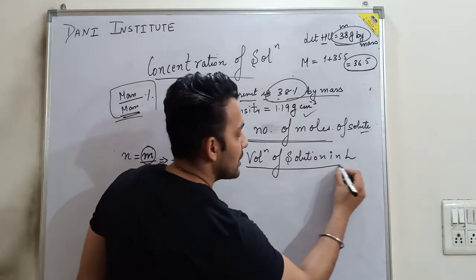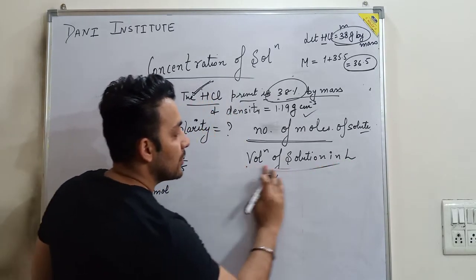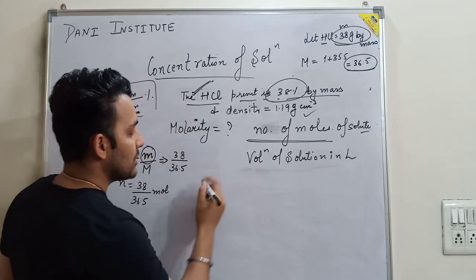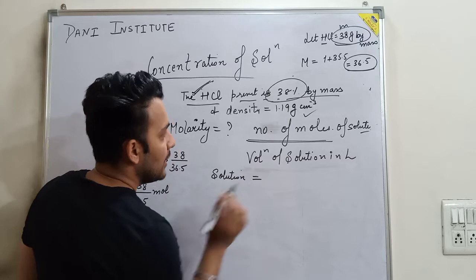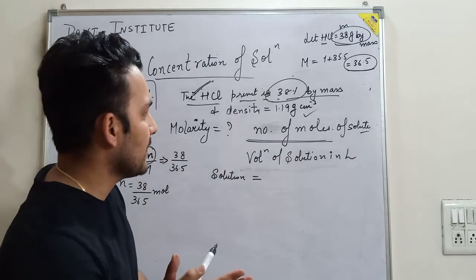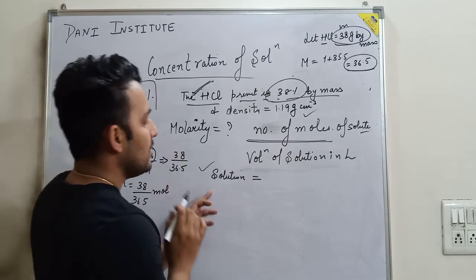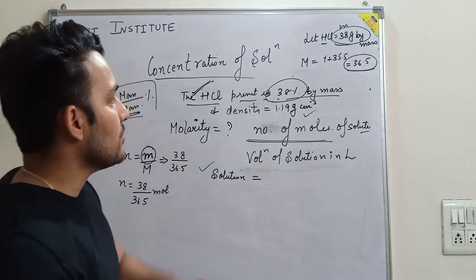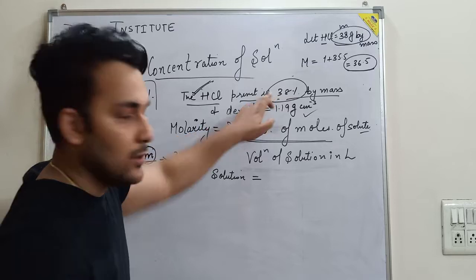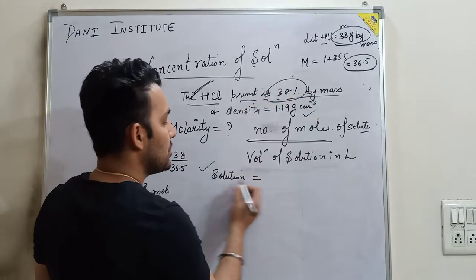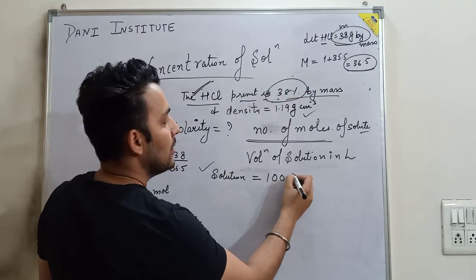Then next what we have to find? Volume of solution. So what about the solution? Here just listen carefully. In this numerical, to find the solution: solute is 38, and overall the solution will be 100 grams.